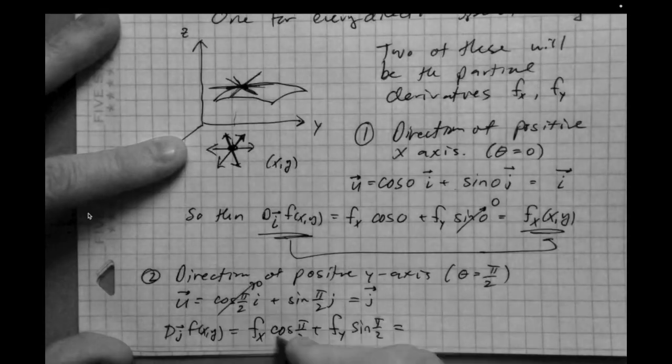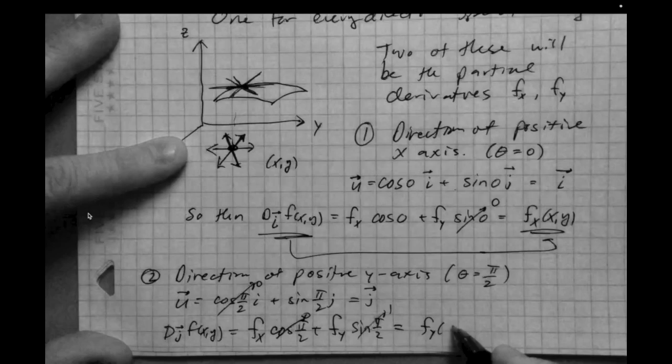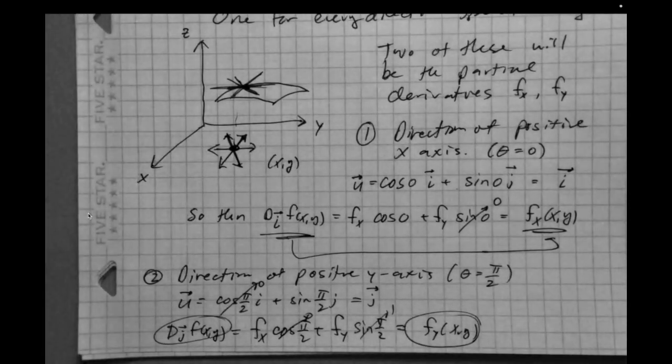Here again, this is 0 and this is 1, so we get f sub y. And so these two are equivalent when the direction of interest is the direction of the positive y-axis.